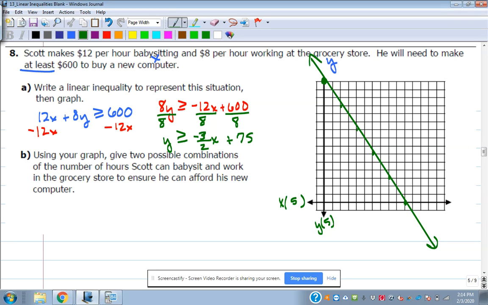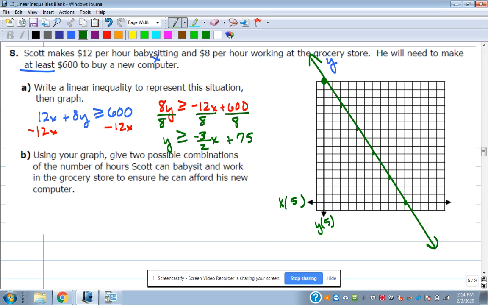And if I plug in 0, 0, is that true? So I can do my shading. 0, 0 is the origin. That's down here. Is 0 greater than or equal to 75?